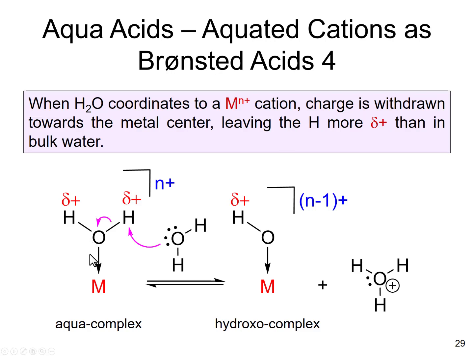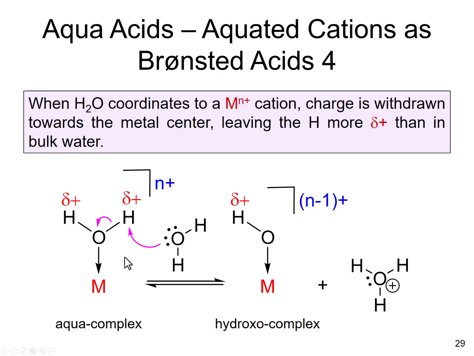You have a partial negative charge here of the oxygen that donates to the metal center, and then it withdraws additional electrons through this interaction away from the hydrogen, and so the hydrogen will become more delta plus, and so bond dissociation is facilitated here, and it can react with this water molecule which can receive the proton, and so this one acts as a Brønsted base.